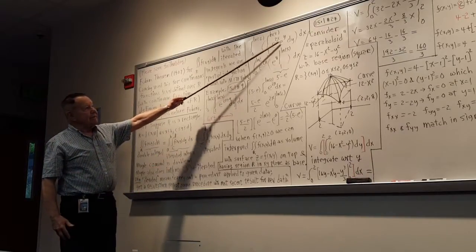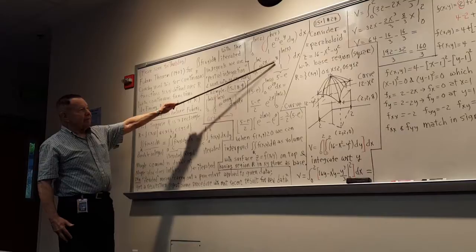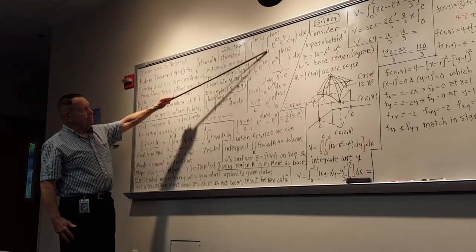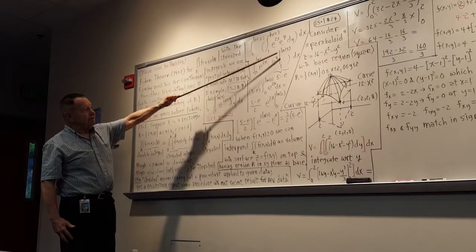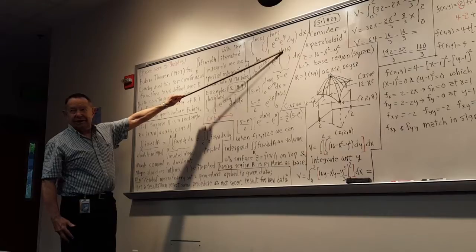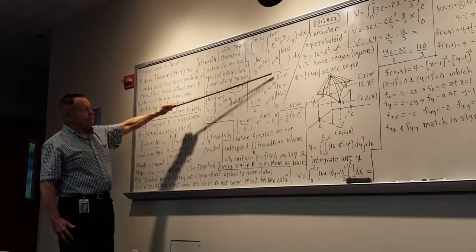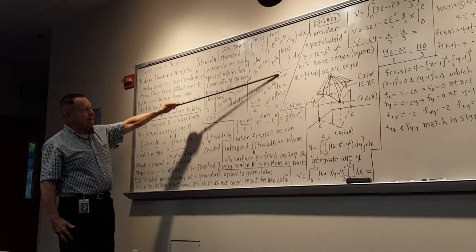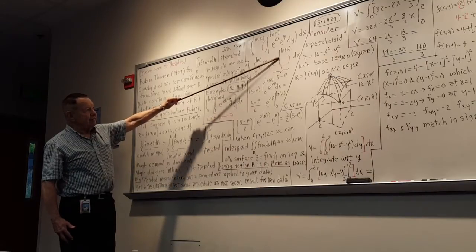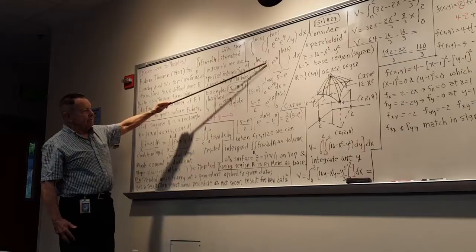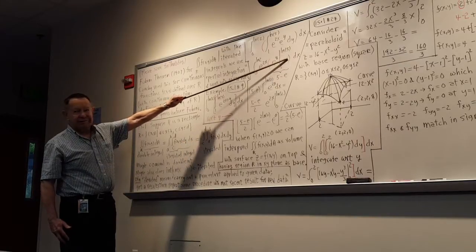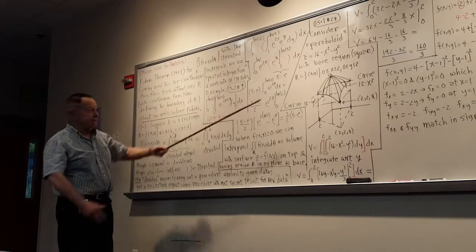So the integral of e to the y is still e to the y, and then you evaluate between the limits on y, just like Math 170. That gets you e to the log 5, which is 5, minus e to the 1. So what's between the red parentheses is 5 minus e.